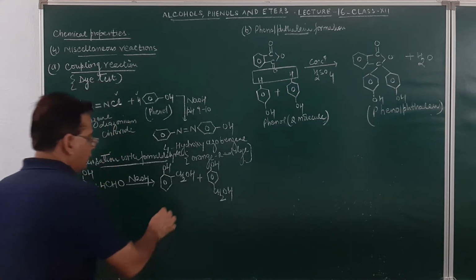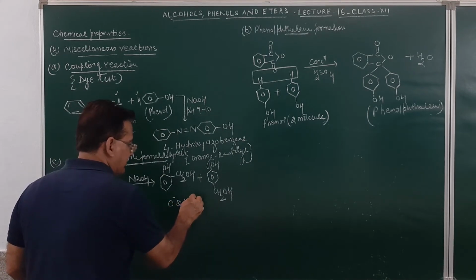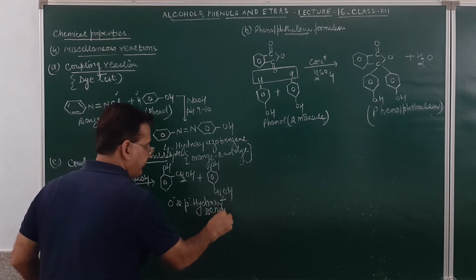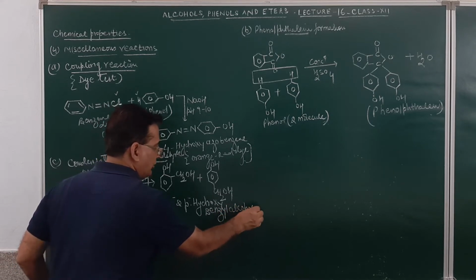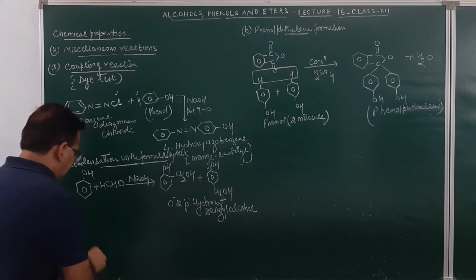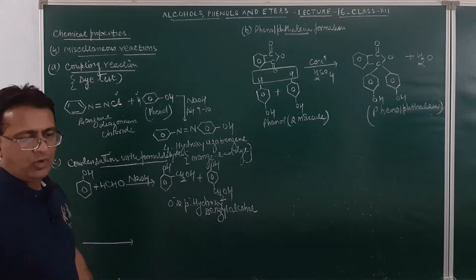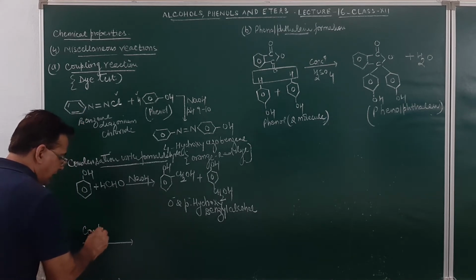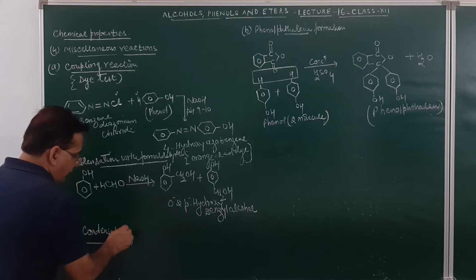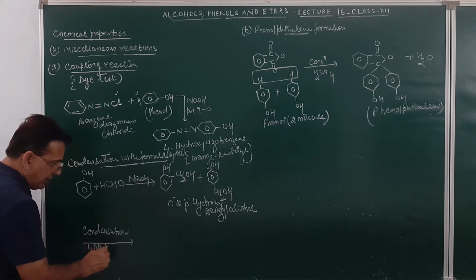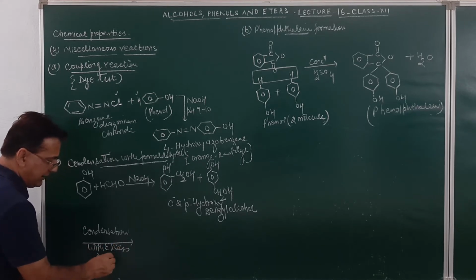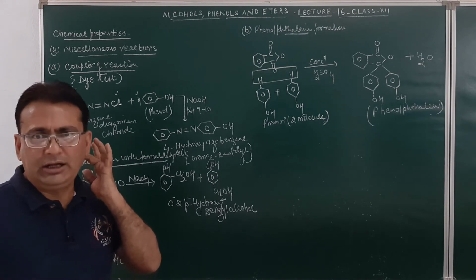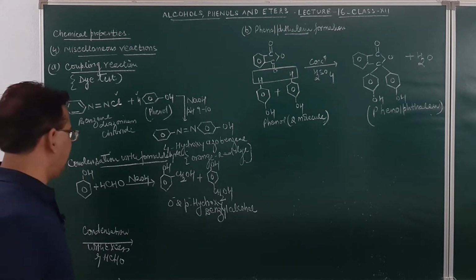Am I clear? This is ortho and para hydroxybenzyl alcohol formed. When this is again made to react, or condense, with excess formaldehyde, it results in the formation of a cross-linked polymer, and that cross-linked polymer is called bakelite.